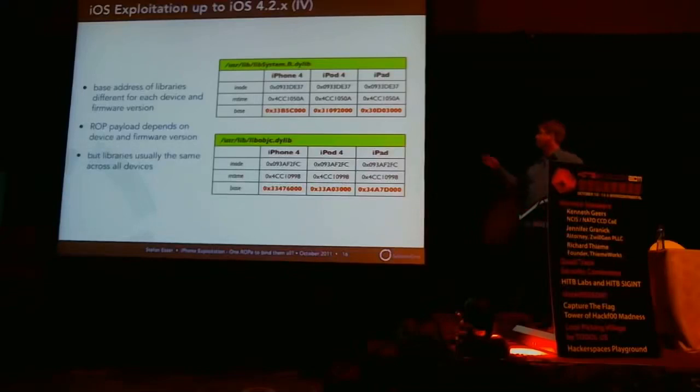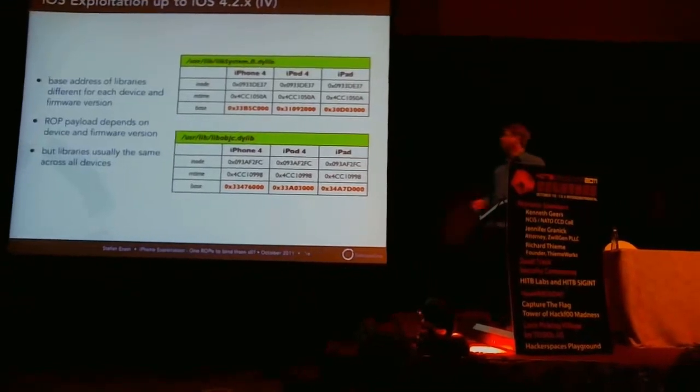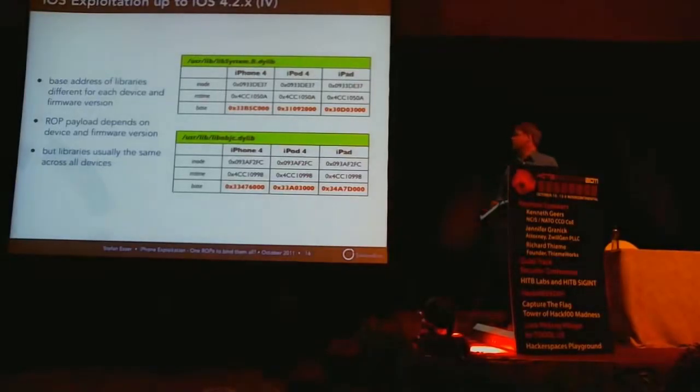So for all of the devices, you have the libraries. They may be the same binary file, but they are mapped to a different address. So we had 81 different devices and versions. So there are 81 different load addresses, without ASLR, across all the devices for the same library.